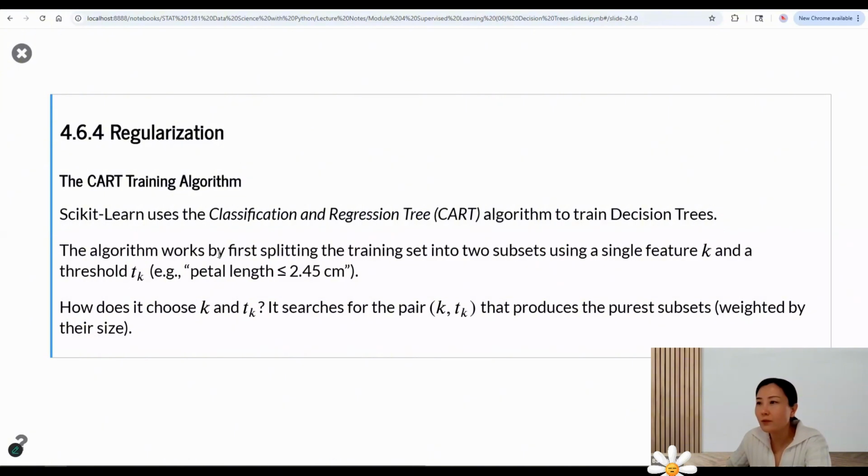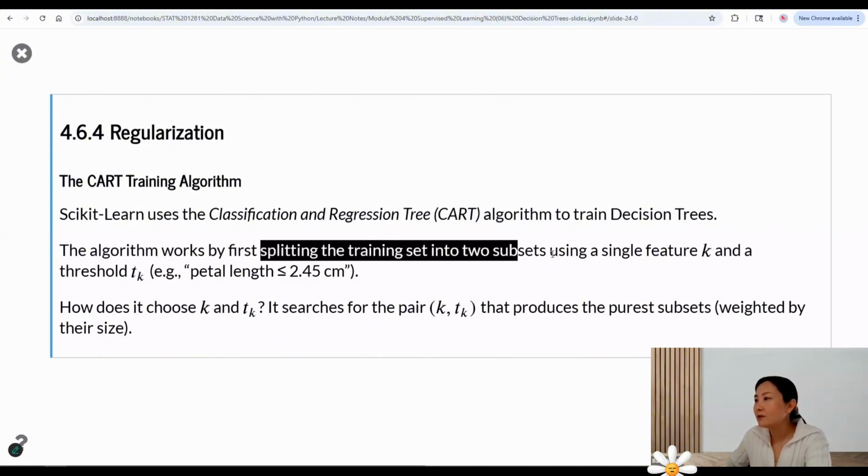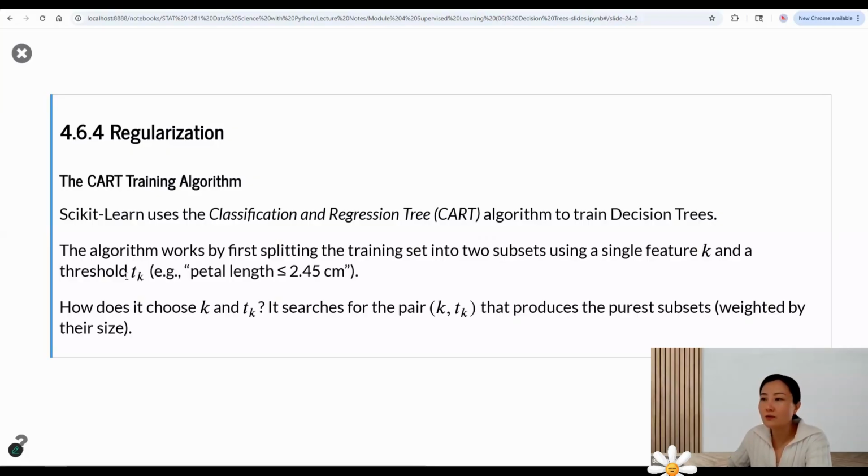Okay, so this algorithm works by first splitting the training set into 2 subsets using a single feature k and the threshold tk. If it's a numerical variable, you have to choose a threshold. So the problem is how does this choose k and tk? Suppose we have a bunch of variables, right?